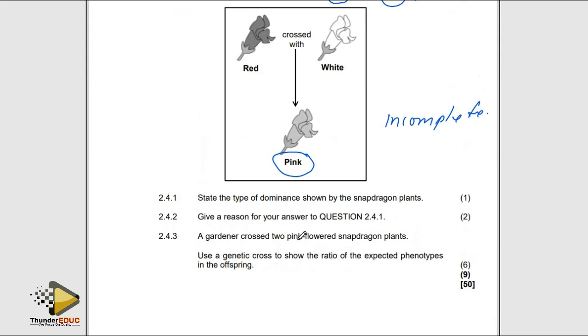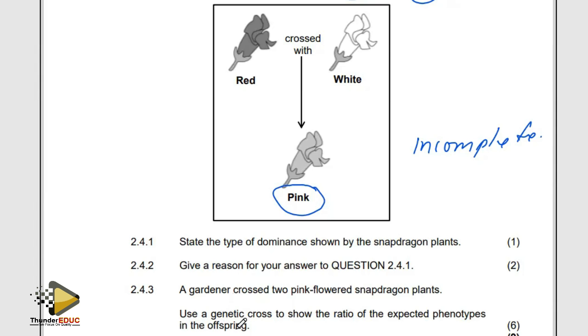A gardener crossed two pink flowers. Use the genetic cross to show the ratio that is expected when you cross two pink flowers. So if both of them are dominant, definitely this is going to be capital R, capital W. They produce one gamete from this side and one gamete from that side.